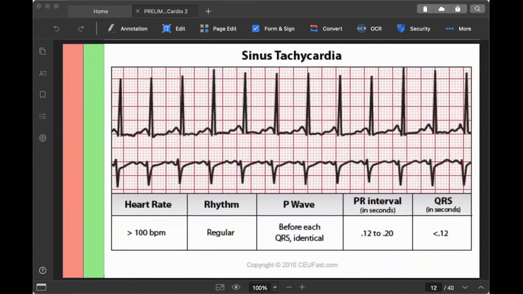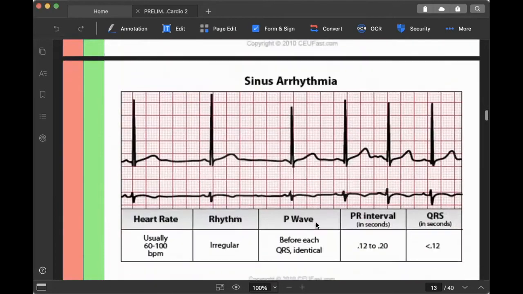It's also a factor if we have just finished exercise, have a fever, have hyperthyroidism, or are undergoing some medical regimen. And of course, it occurs in situations where our body is experiencing stress. So that is your sinus tachycardia.